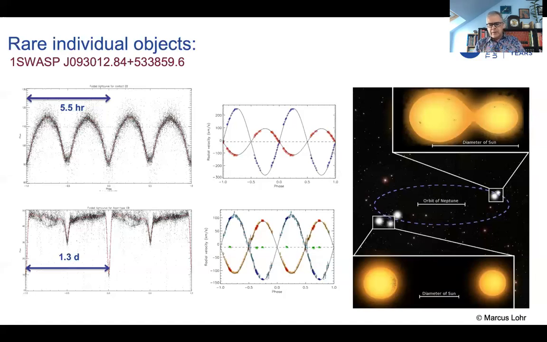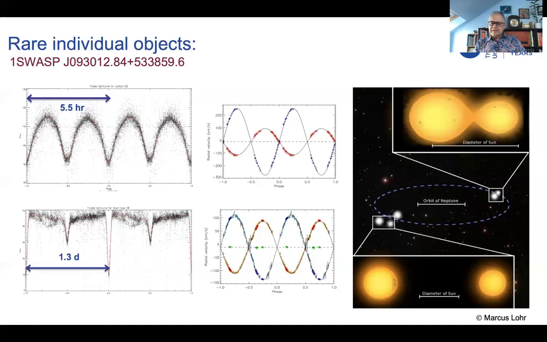When we looked at the pair of stars that were orbiting each other every 1.3 days, there were 3 sets of spectral lines, 2 of which were orbiting around each other, moving backwards and forth as the 2 stars orbit each other every 1.3 days. But there was a third set of spectral lines there that didn't move at all, at least on the time scale we were looking over the course of a few nights.